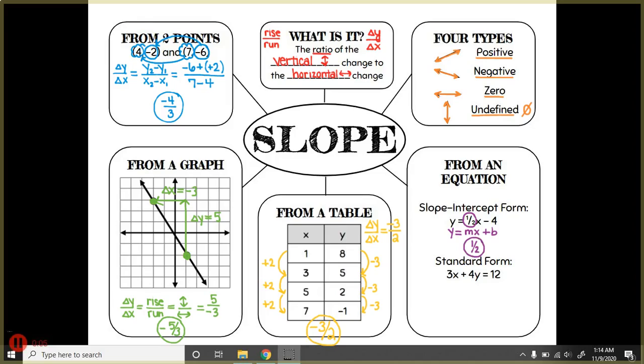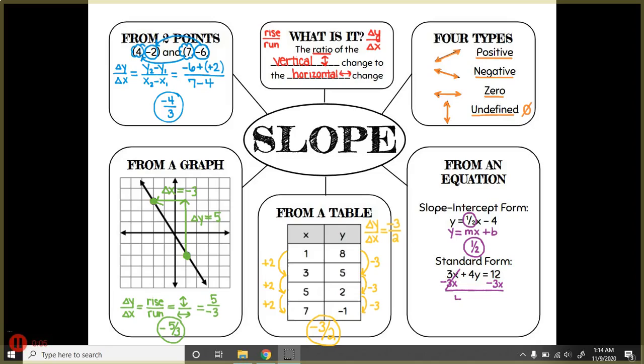If we are in standard form, we need to solve our equation for y so that we can identify our slope-intercept form. The first thing I want to do is get the y by itself. So I want to move my 3x over to the other side of my equal sign so that I can start isolating my y.